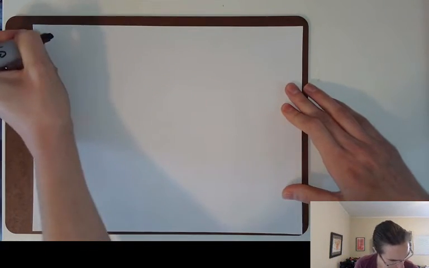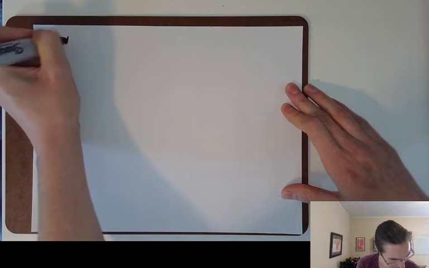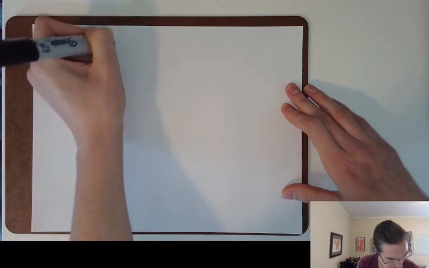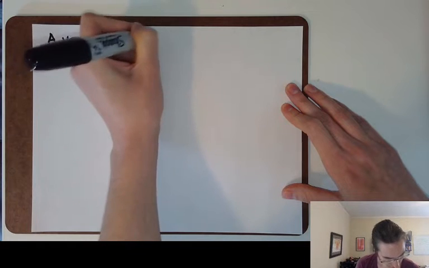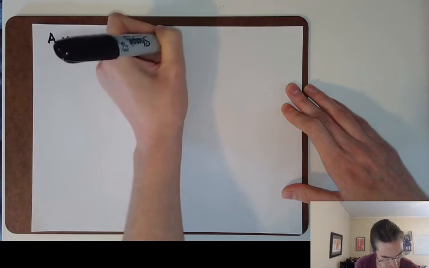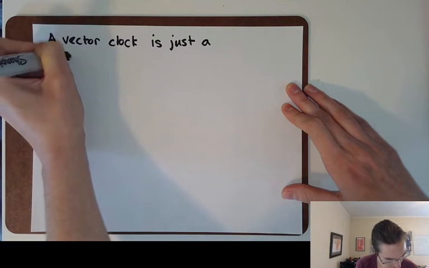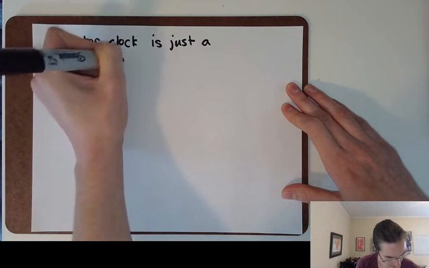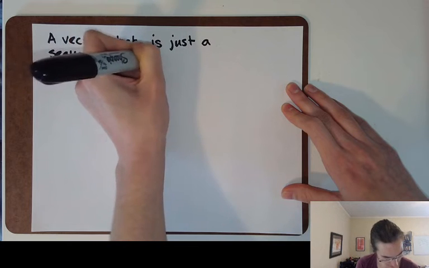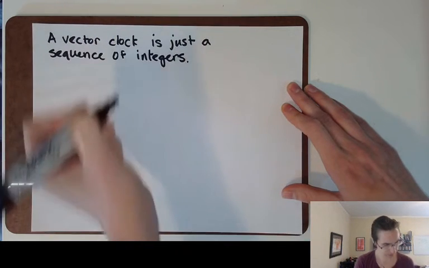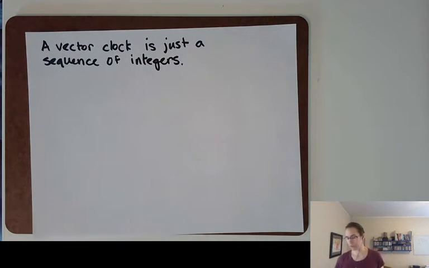So to dispense with any magic, a vector clock is just a sequence of integers. Here's how it works.